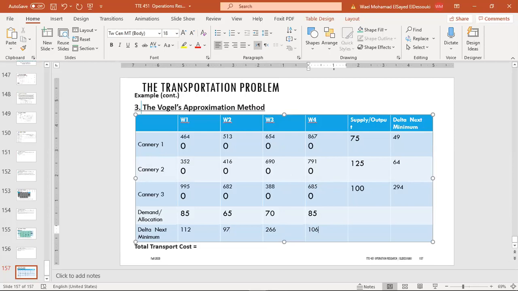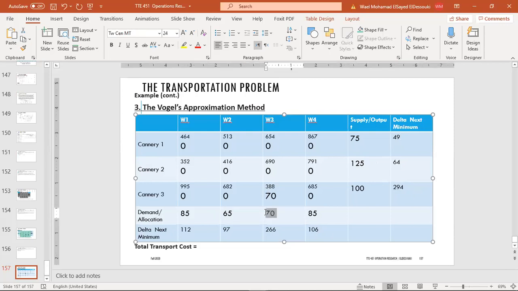The next step is to pick the minimum cell that has the maximum next minimum. Where is this one? It's in this row, correct? Where is that minimum cell? It's this cell. Assign here the maximum, 70.